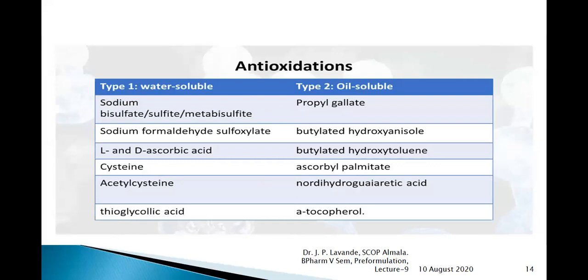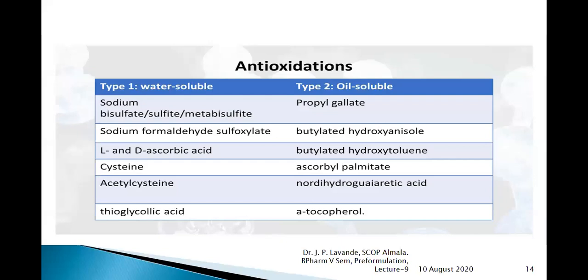So what are antioxidants? These are the agents which help in preventing the oxidation process. Antioxidants are of two different types: type 1 and type 2. Type 1 is water soluble, type 2 is oil soluble. The water soluble examples are sodium bisulfite, sulfite, metabisulfite, sodium formaldehyde sulfoxylate, L and D ascorbic acid, that is the racemic, cysteine, acetylcysteine, and thioglycolic acid.